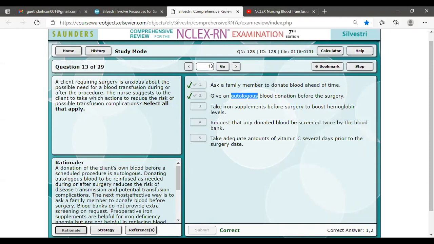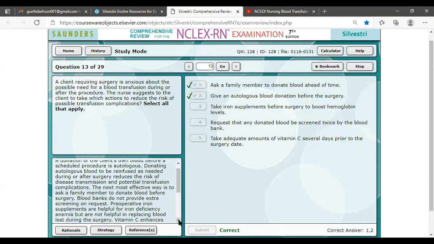The next most effective way is to ask the family member to donate the blood before the surgical operation. Blood banks do not provide any extra scanning on request because they follow their protocols.